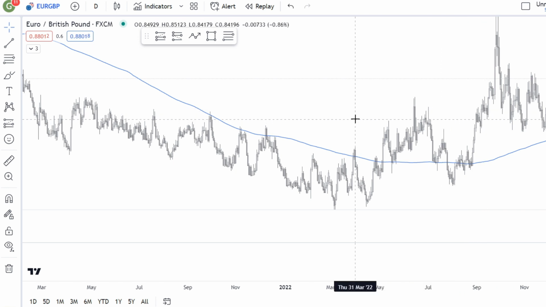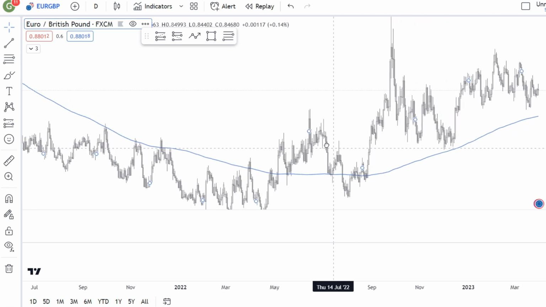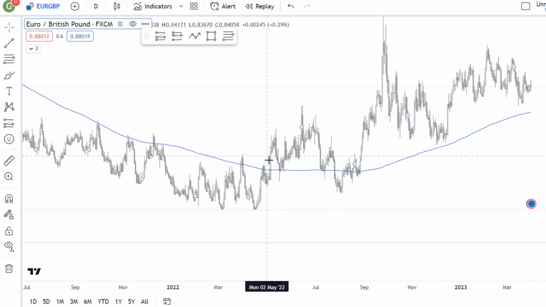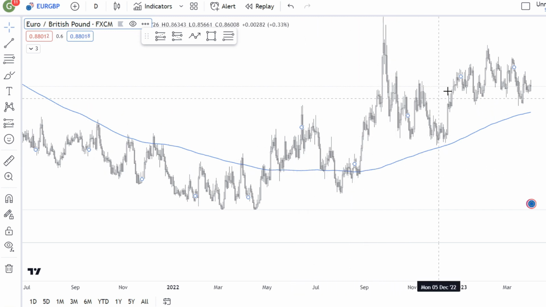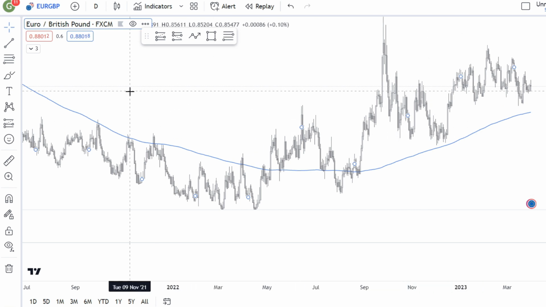So in a trend following strategy, you can use the moving average to determine the direction of the trend. For example, if the price is above the moving average, it's considered an uptrend, and if it's below, it's a downtrend. So over here we see that the price is above the 200 simple moving average, and we see that the price is going to the upside.